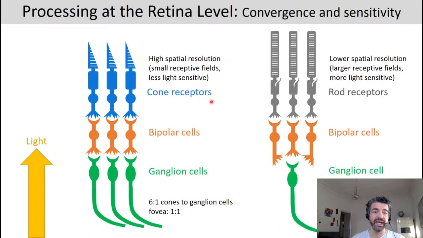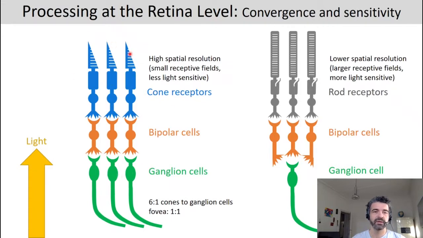So what do we have if we have a low convergence? So for example, if one cone receptor corresponds to one ganglion cell. That means we have a very high spatial resolution, because if, for example, only this cone receptor here is activated, so there's input to this cone, then we can differentiate that from input to that cone, because they both have their own ganglion cell.